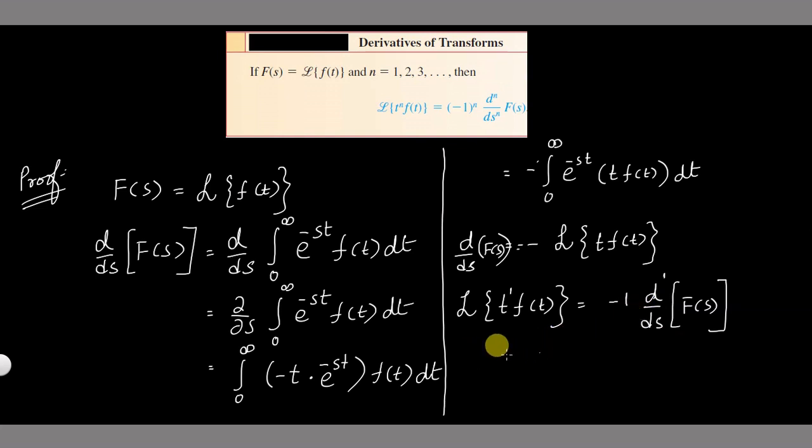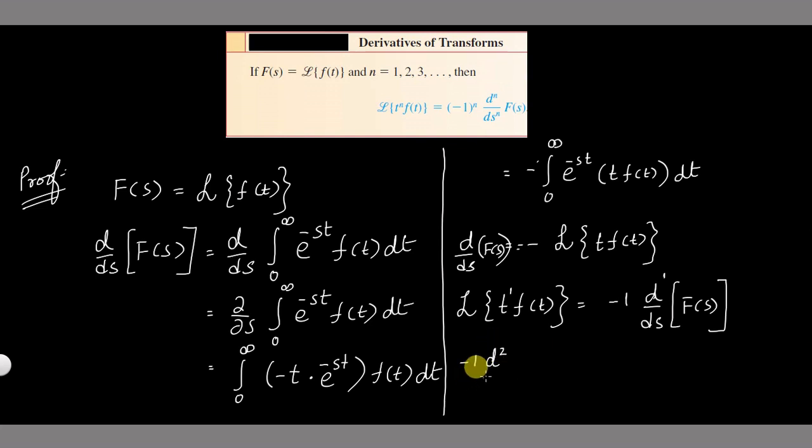Now continuing this way, if we continue this procedure, if we take again the derivative of this function, for instance we have minus 1 out of the integral.